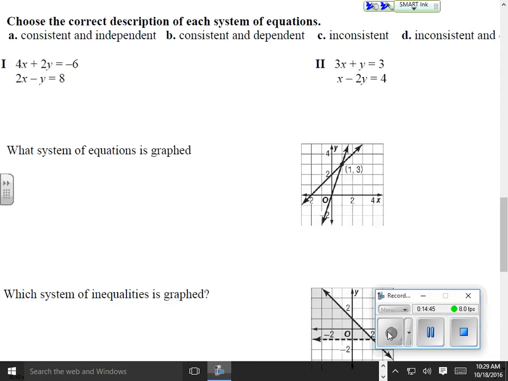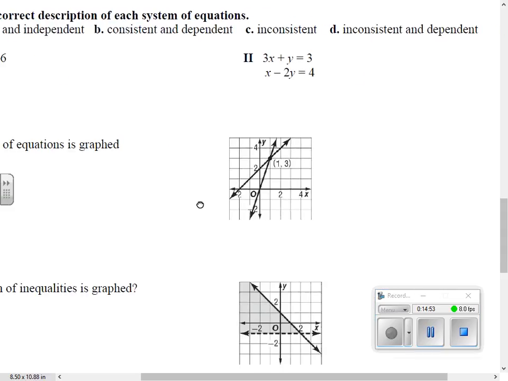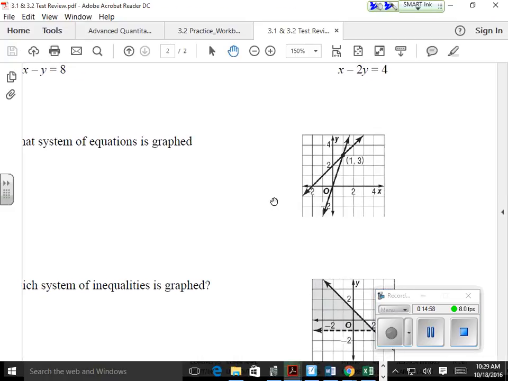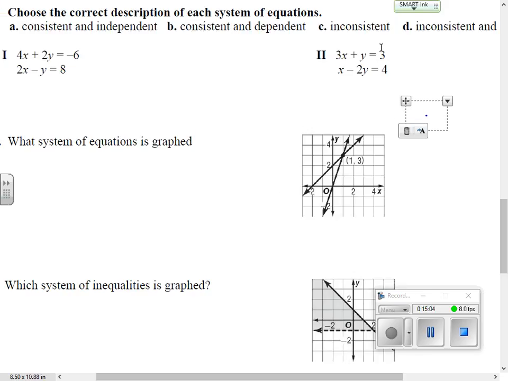Looking at number 7, again, we're trying to classify these as consistent independent, consistent dependent, inconsistent, or inconsistent and dependent. So we remember parallel means it's going to be inconsistent.